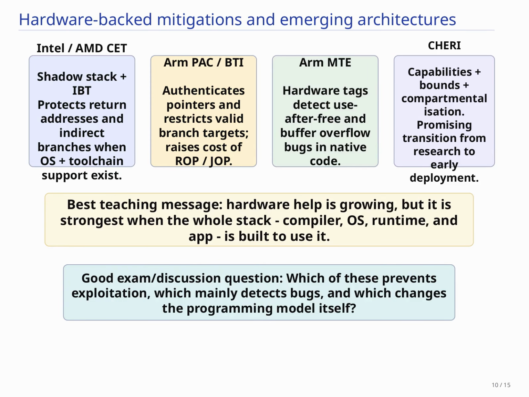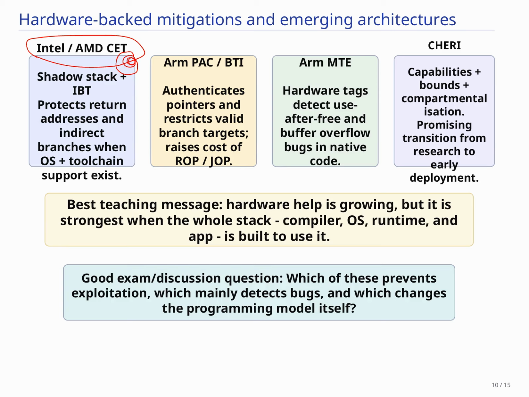The hardware-backed mitigations and emerging techniques actually come from Intel and AMD's CET. This is making all the buffer protections and privilege separation of the kernel and the user data and the code together.